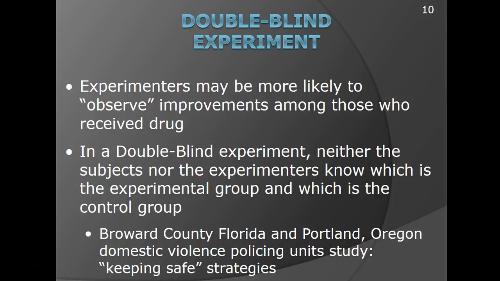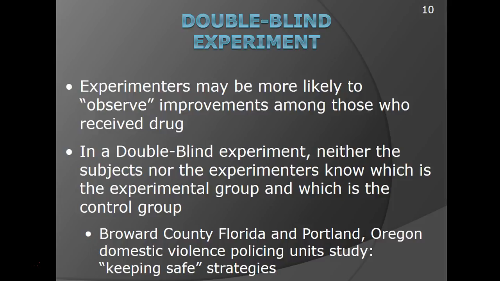So maybe the experimental group receives just a healthy meal where the control group receives a more sugary meal. In order to do this, you wouldn't tell anybody either way what group it was, and those that are watching are just watching for certain behaviors.